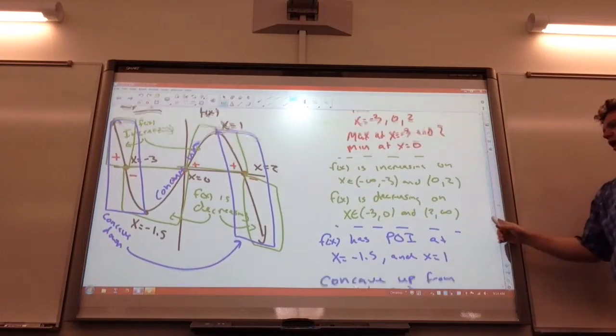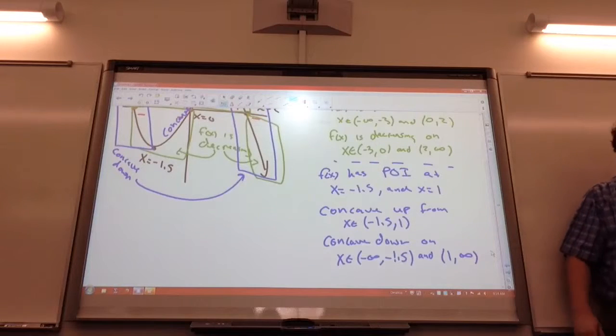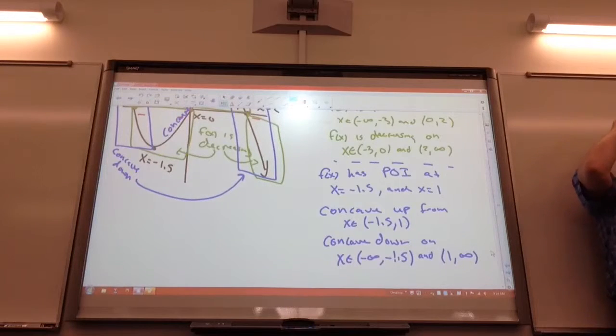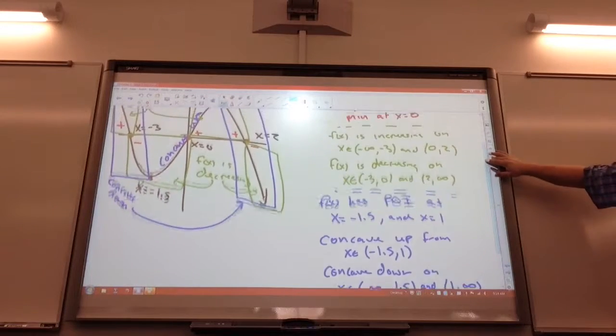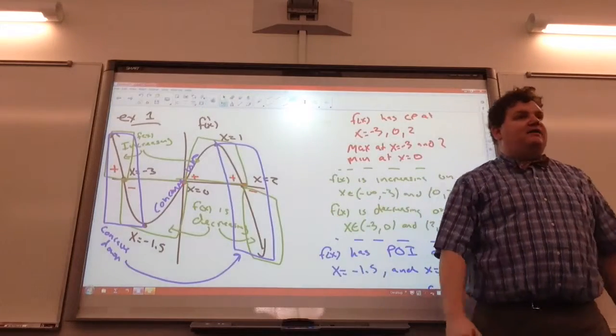Points of inflection are determined by the second derivative, but I can figure out what the second derivative should be from the first derivative, right? When the first derivative has a maximum or a minimum, that's going to be a point of inflection. And when the first derivative is increasing or decreasing, that's going to correspond to concave up or concave down. So all of this information about f of x, I was able to figure out from the graph of f prime of x.